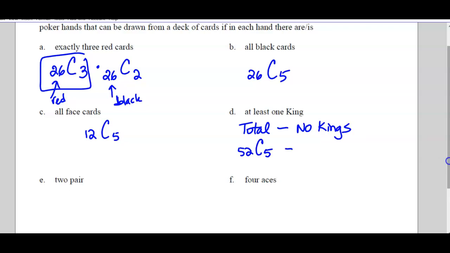No kings means you could actually put 4 choose 0, 4 kings and you're choosing 0 of them, which has a value of 1. So no kings means you're going to choose from all the non-kings. 52 cards minus 4 kings is 48 non-kings, and you're choosing 5.